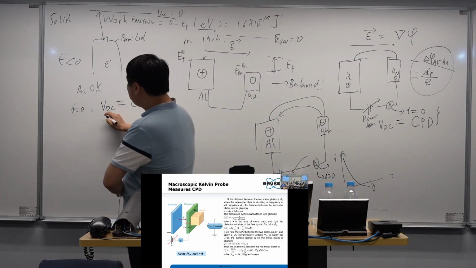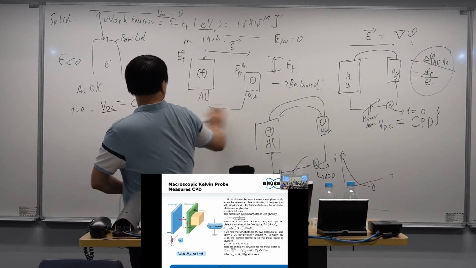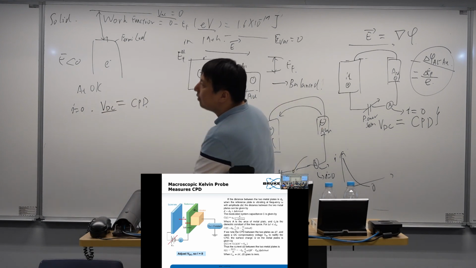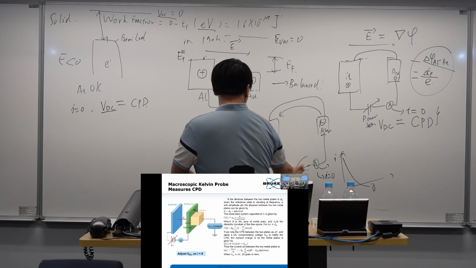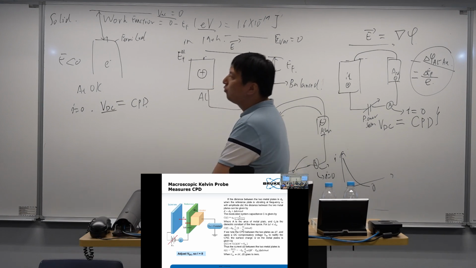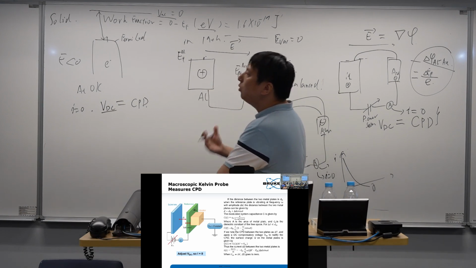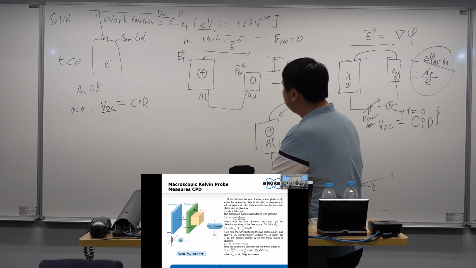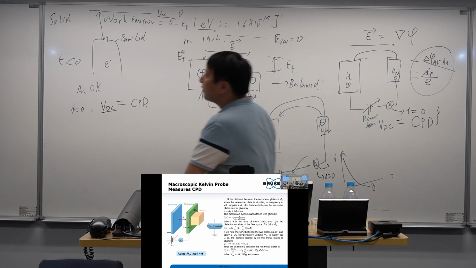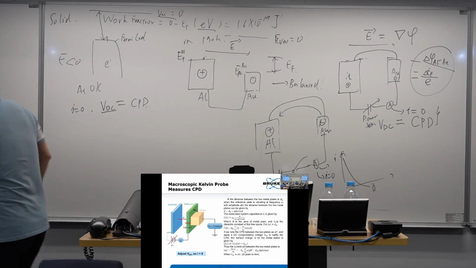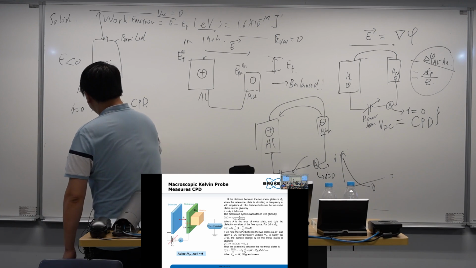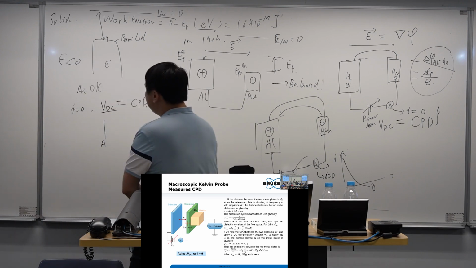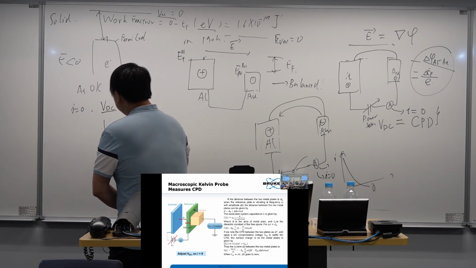But I don't want the loop to be continuously on. I need to turn the switch on and off frequently, and I still have the defect that some current goes inside the loop. So these people invented this way. I still have aluminum, I still have gold.